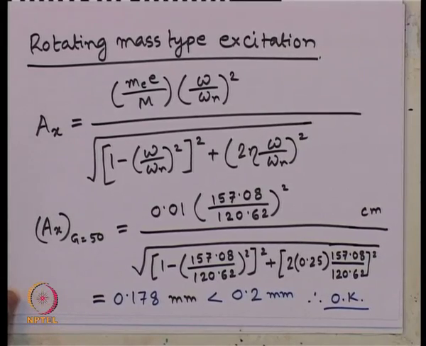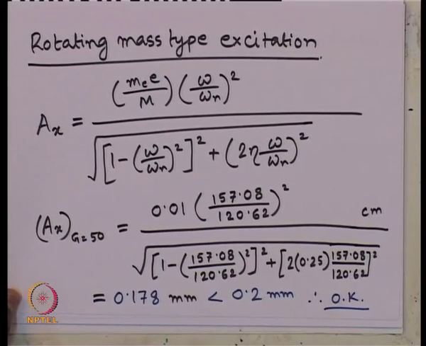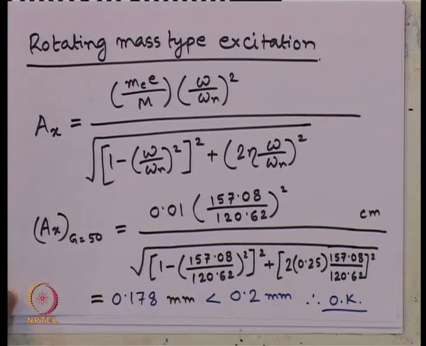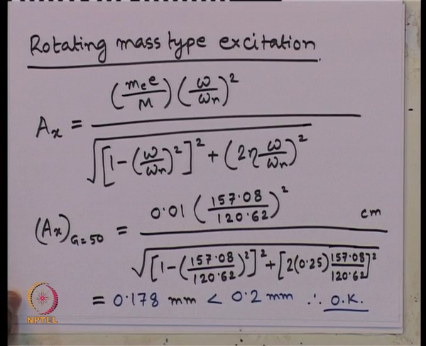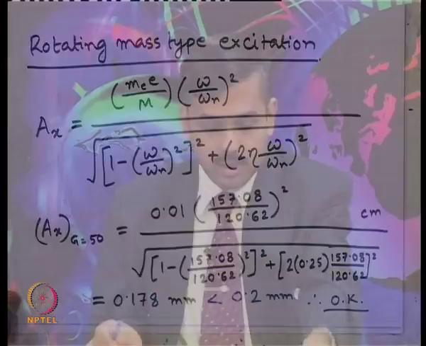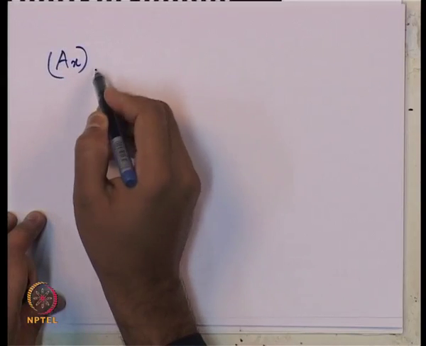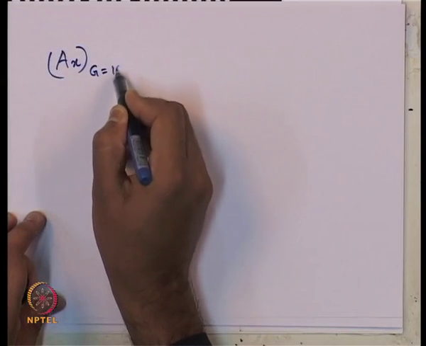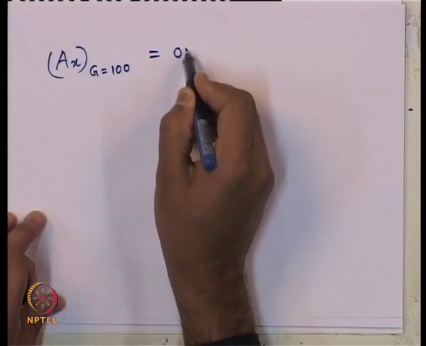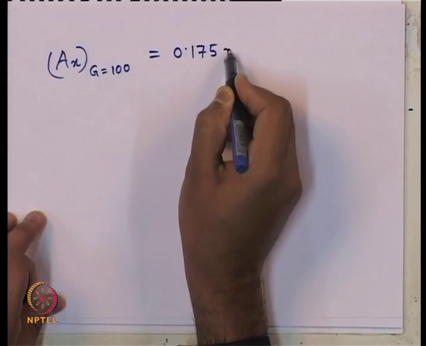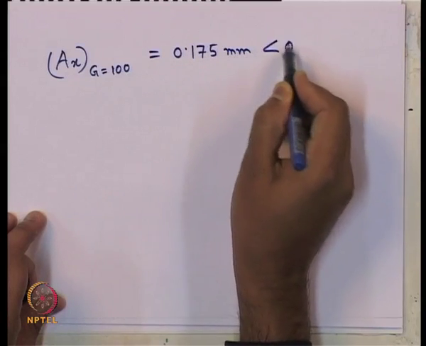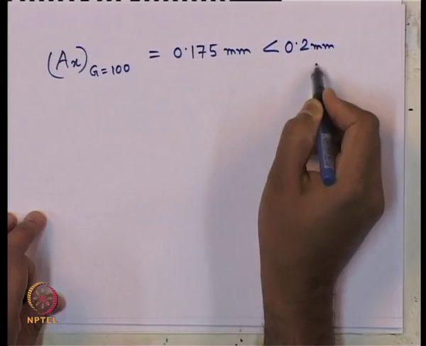We can just simply say that as the exciting load is same in both the cases, the displacement amplitude at operating frequency will be same. Hence, for other two cases, Ax at G equals to 100 TSF will be same as the previous case, 0.175 millimeter, less than 0.2 millimeter, therefore, okay.